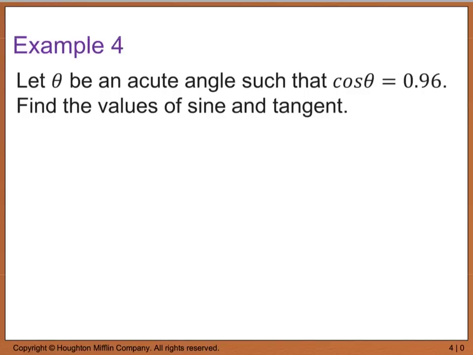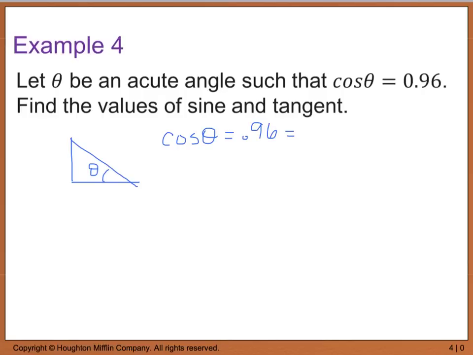And it says, let theta be an acute angle such that the cosine of theta is equal to 0.96. We want to find the values of sine and tangent. So the first thing I would do myself is I would go ahead and sketch a right triangle. And I'm going to just call this angle theta. And I know that cosine theta is equal to 0.96.